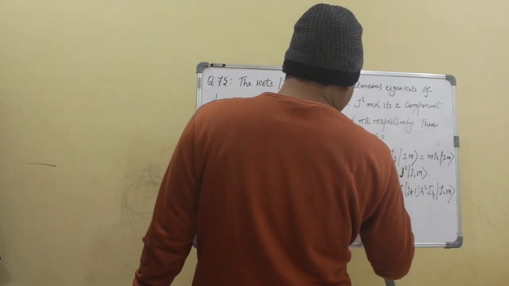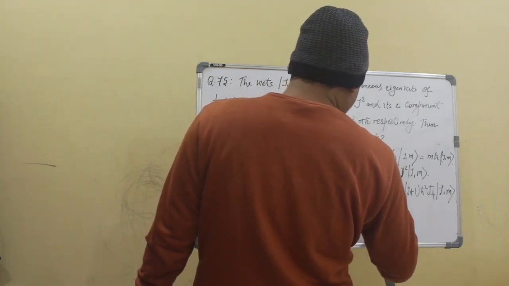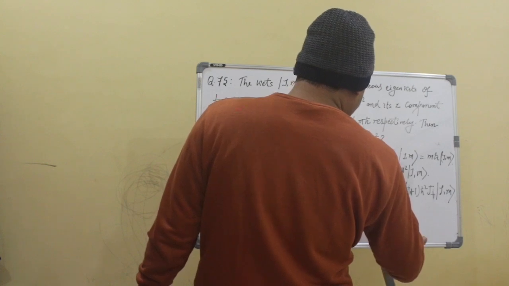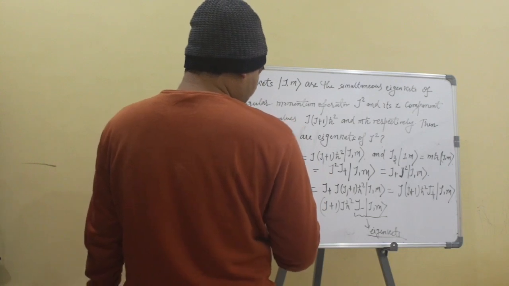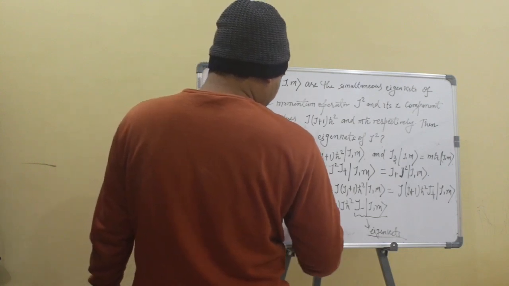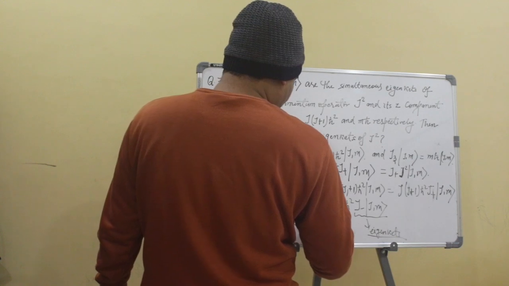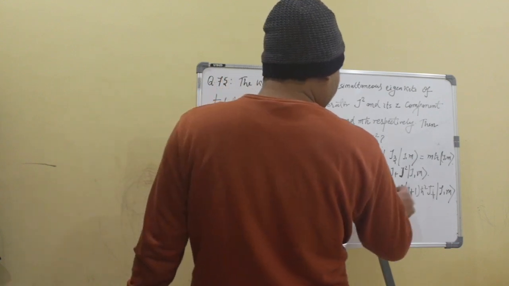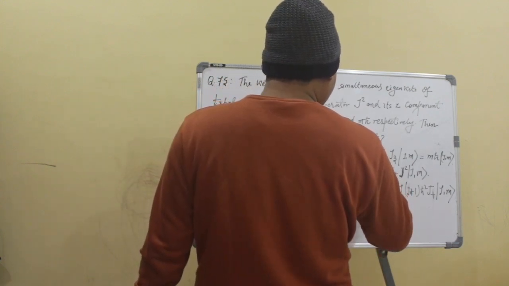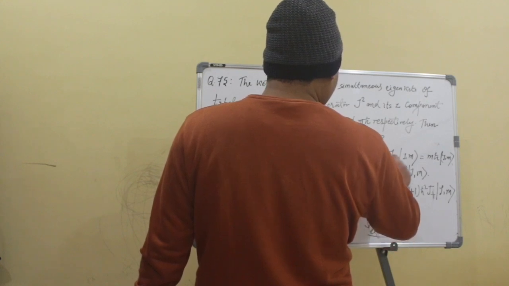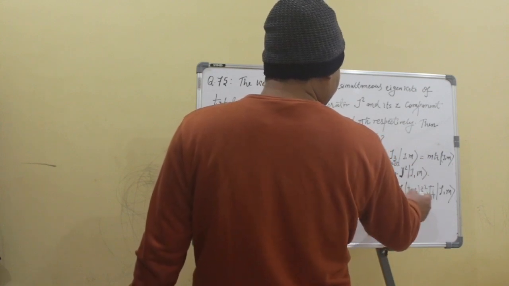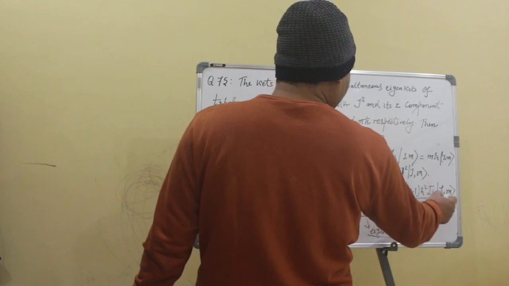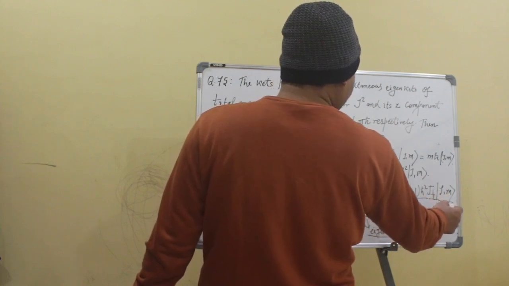So this acts as an eigenket for the operator J square. Here also it is an eigenket with this eigenvalue.